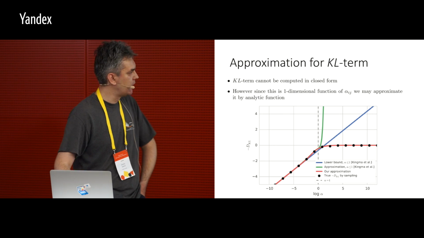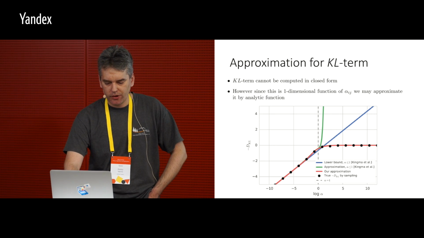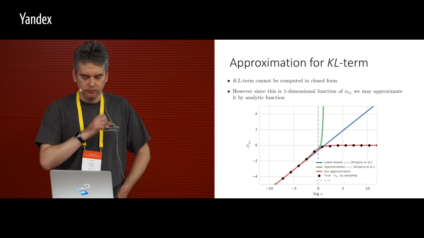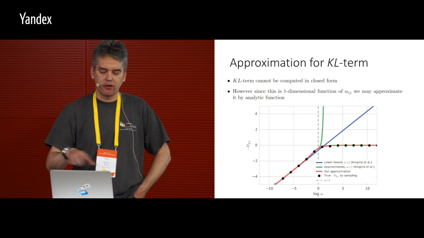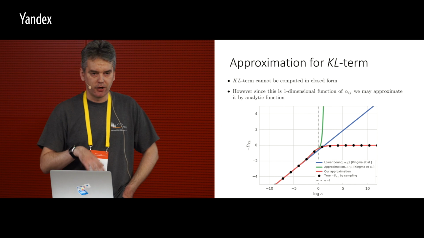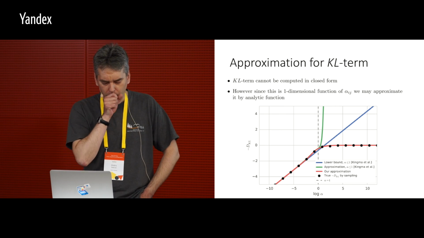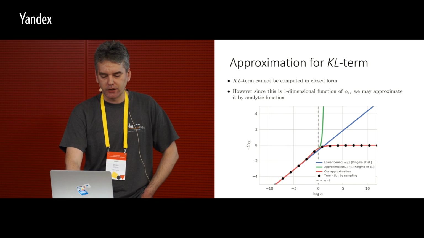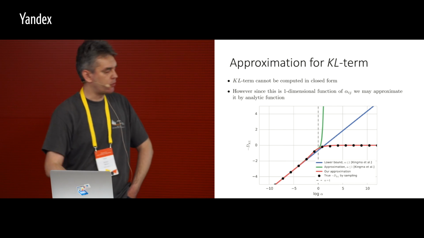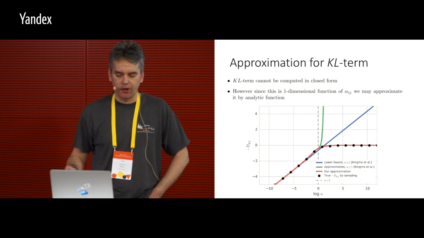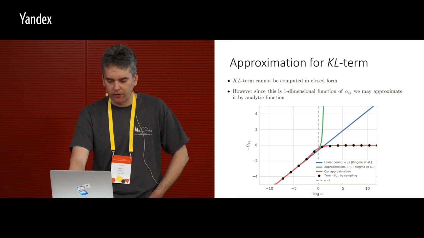So this is the illustration. The black dots are the real values of KL divergence with different alphas, and the three lines are three different approximations. The first two are from the paper Variational Dropout by Kingma, Salimans, and Welling. The red one is our approximation, which allows us to approximate KL divergences even for large values of alpha.